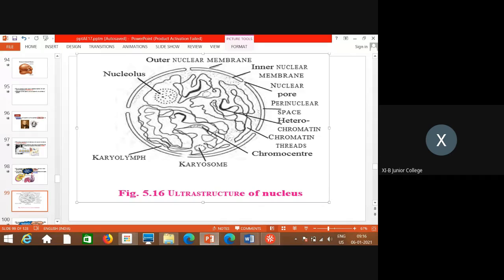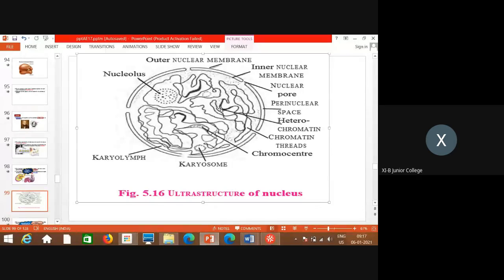Try to understand: euchromatin means the DNA concentration is more than proteins.